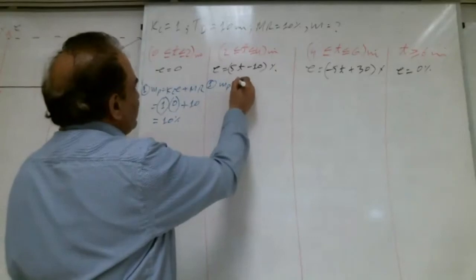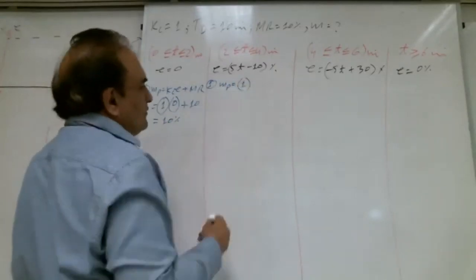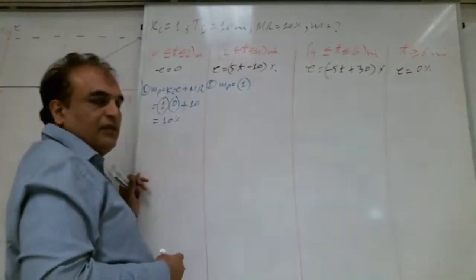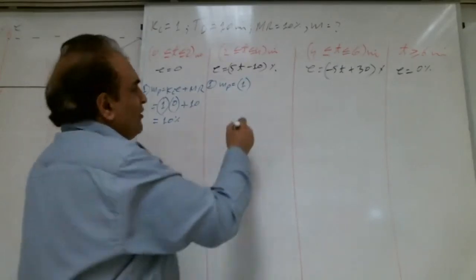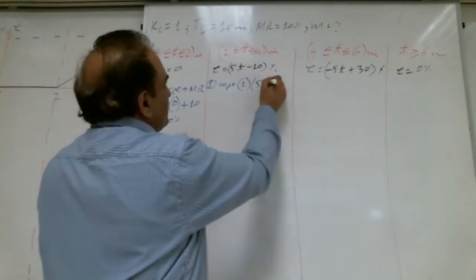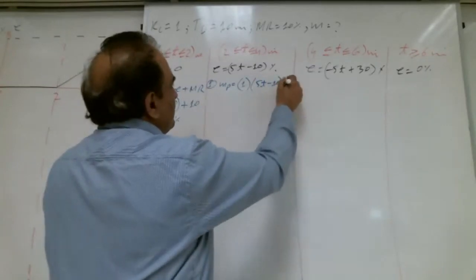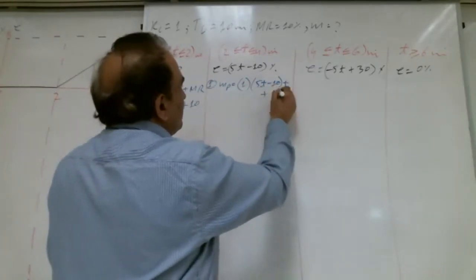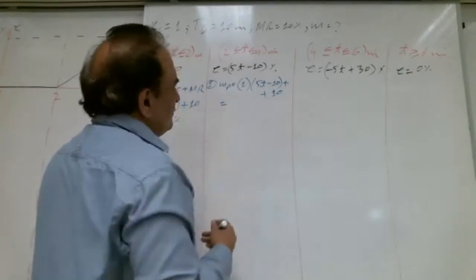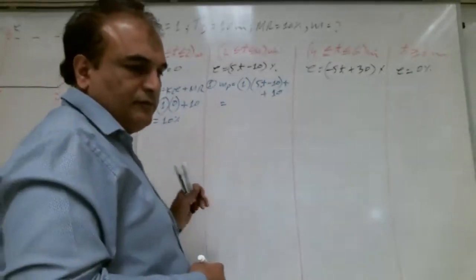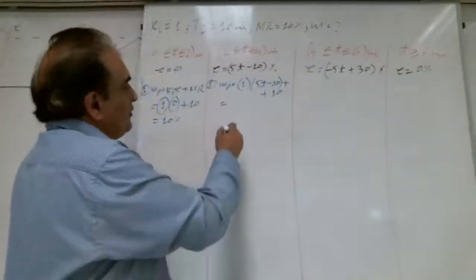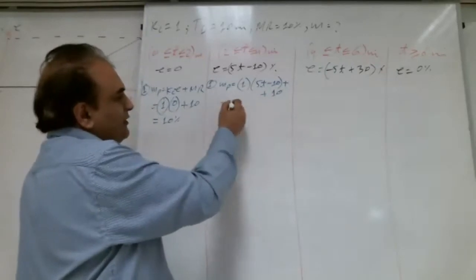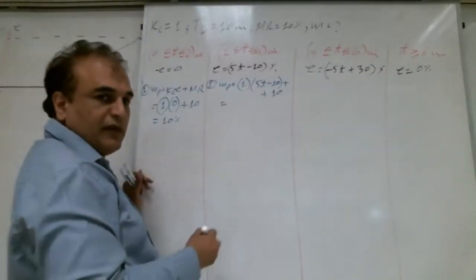First step here. MP is equal to KC how much, Shiva? How much KC? 1. Very good. How much error? How much MP? Minus 5t plus 30. Very good.